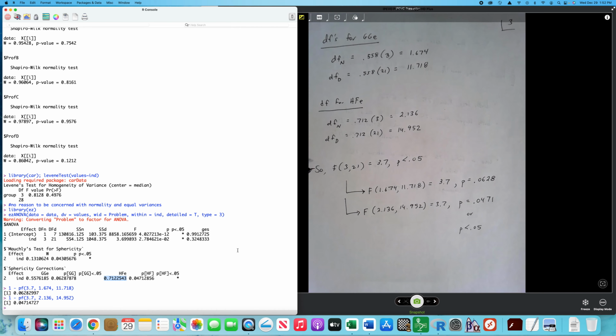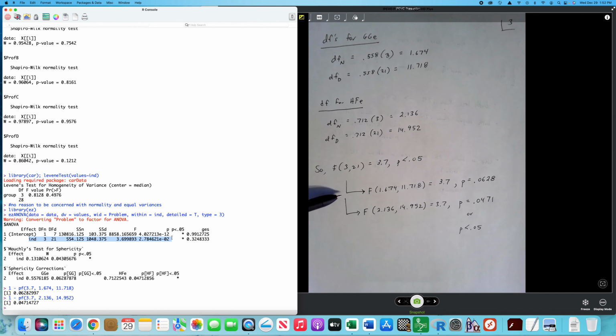Under sphericity, we have the F statistic with degrees of freedom 3,21 is 3.7 with a p-value less than 0.05.